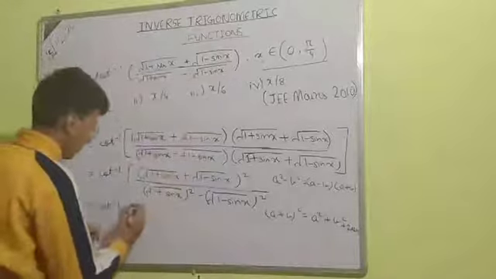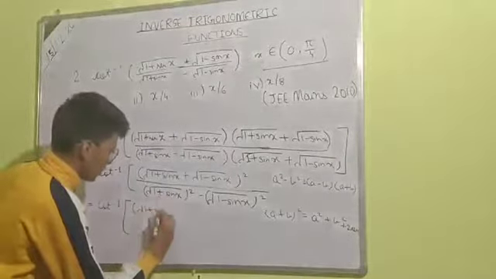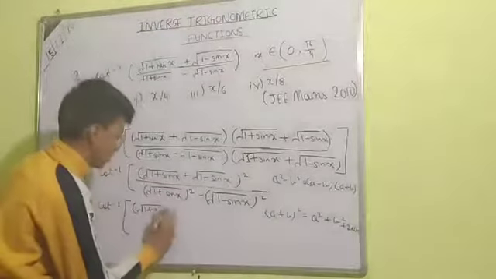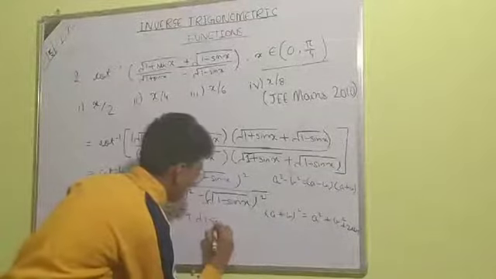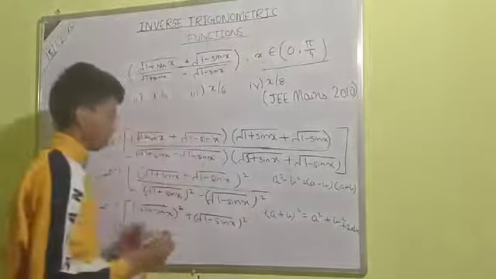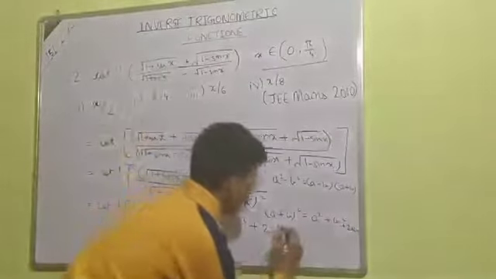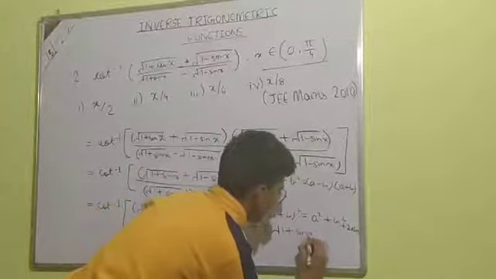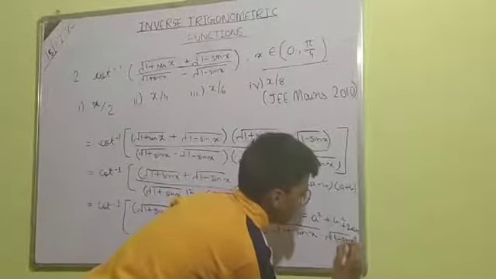So using the same formula here, it will be root 1 plus sin x whole square plus root 1 minus sin x whole square plus 2 root of 1 plus sin x into 1 minus sin x.